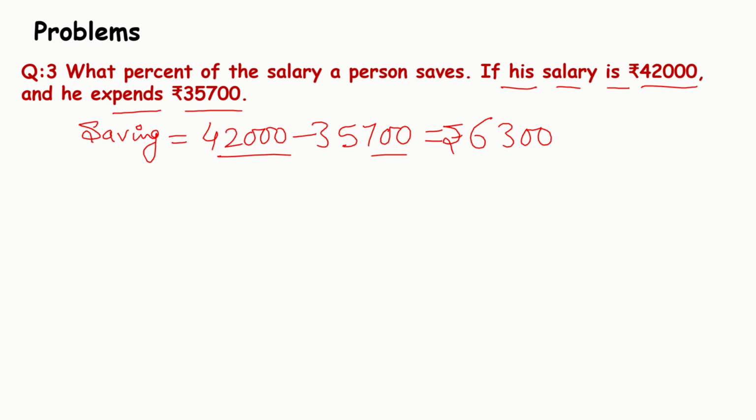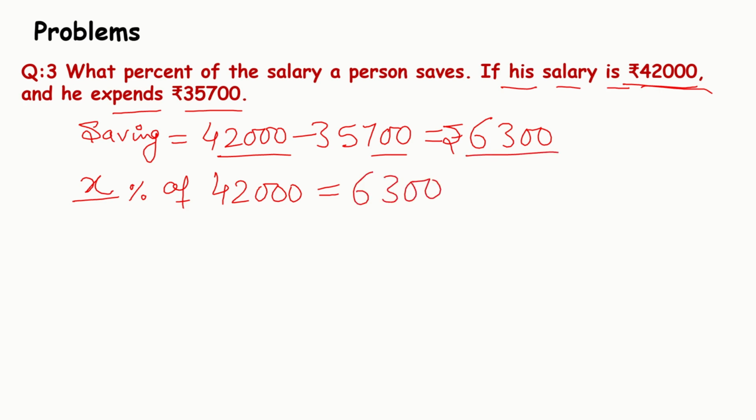Now how will we calculate the percent? Let's say x percent of the total amount, which is 42,000, equals 6,300. So what percent of saving is there?